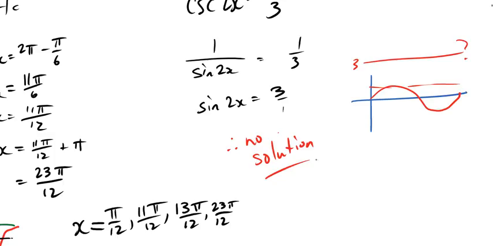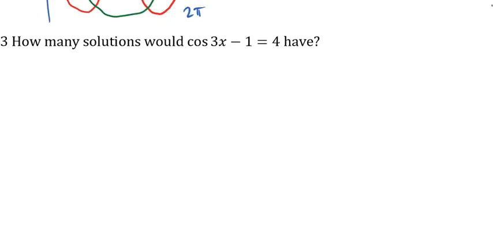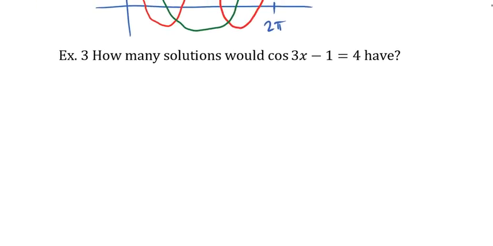Any questions? I think we have one more, but you don't even really have to write this down. How many solutions would cos... Oh, this is a terrible question. 0 solutions for the same reason, but... let's see.